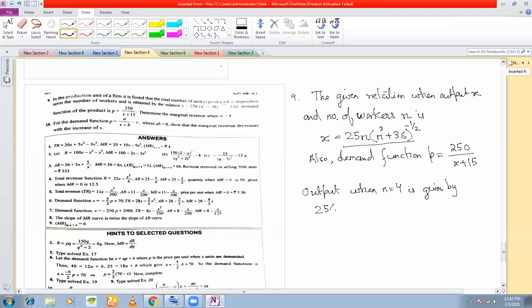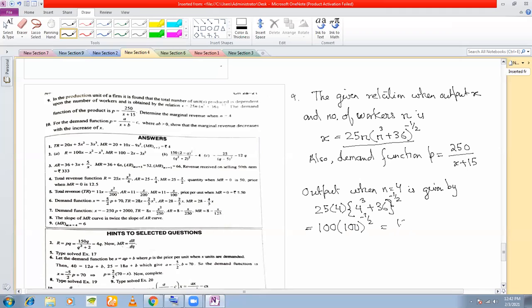25 into 4 into (4 cube plus 36) to the power of minus half. So this gives you 100 into (64 plus 36), which is 100, to the power of minus half.